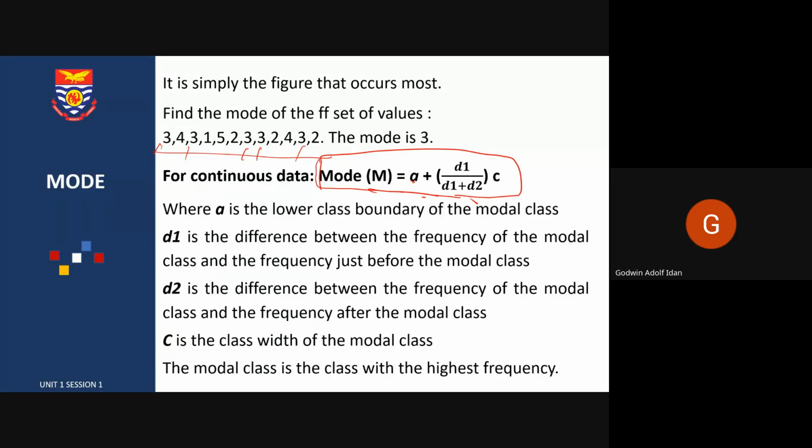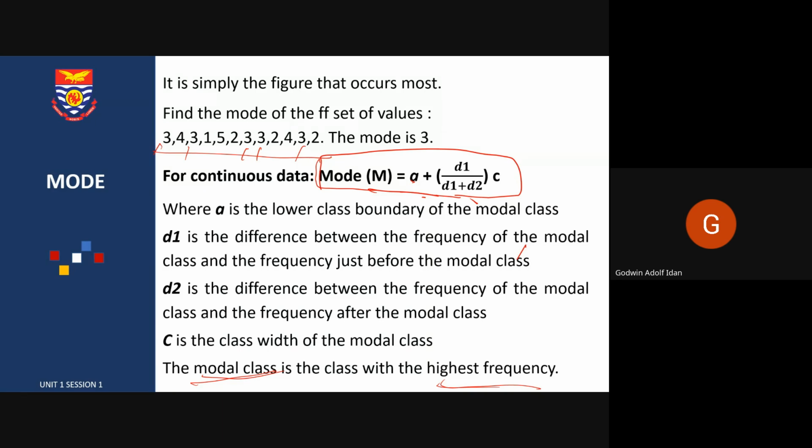It is similar in terms of the values that you're going to see and the techniques that you're going to use to resolve. So let's just capture the formula again, then we go through an illustration. However, remember that the modal class is just the class with the highest frequency. So you just look through the question; the class which has the highest frequency becomes the modal class.